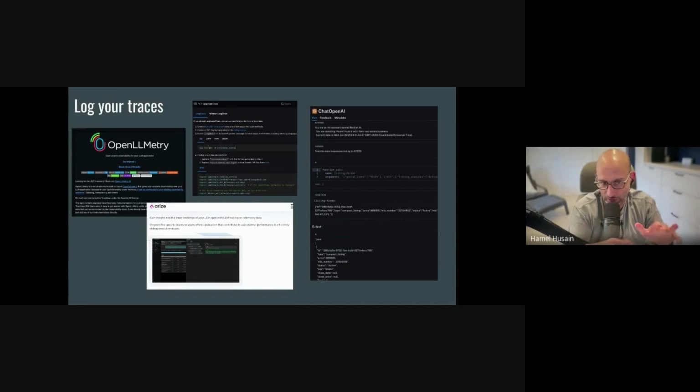All that is your traces. So it's really important to first log your traces, but then also to look at them. Whenever I look at traces, I always find tons of failure modes that the companies don't know about. Like, hey, did you know these 10 things are always happening?